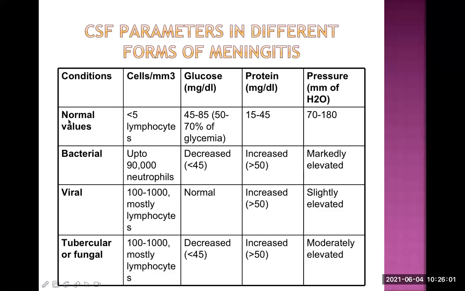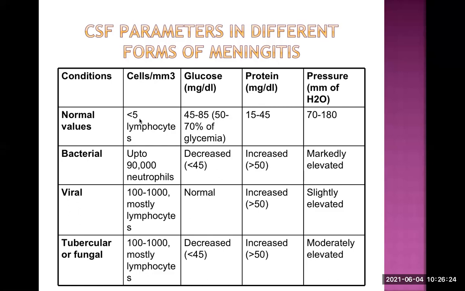Now, first of all, we should know what the normal values are. Regarding the cells, there are less than 5 cells in normal CSF, and all of them are mononuclear cells, that means lymphocytes. Not even a single neutrophil should be present in the normal CSF. Not even one. Remember that.